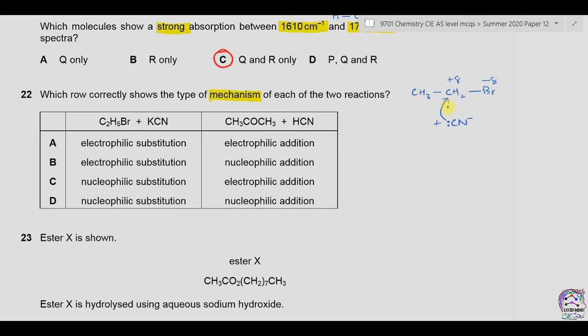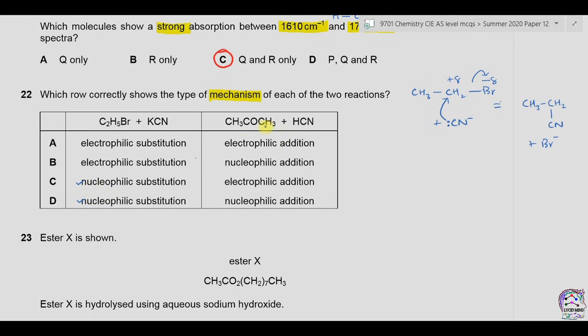Cyanide will attack the partial positive carbon and bromine will take both electrons and is removed in the form of bromide ion. The resulting product is CH3CH2CN plus Br-. So this is a substitution reaction, and as a nucleophile is involved, this is nucleophilic substitution. So it could be either C or D.